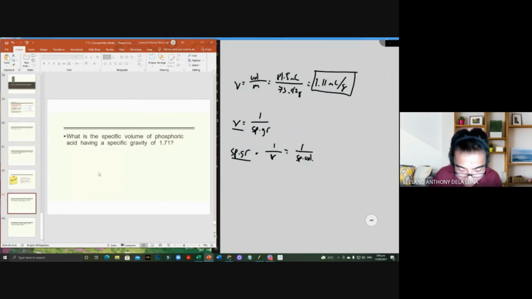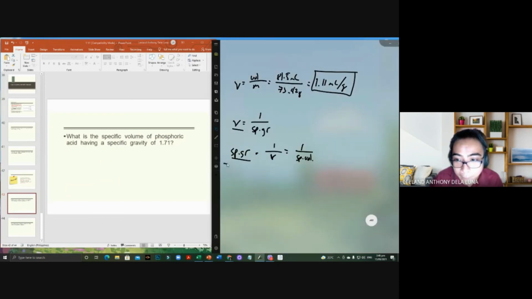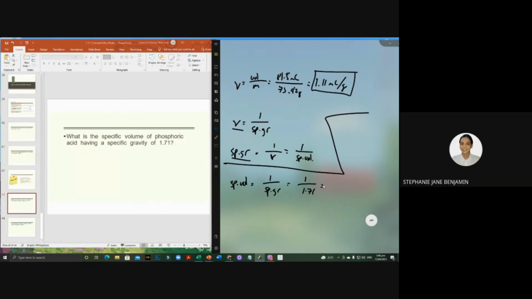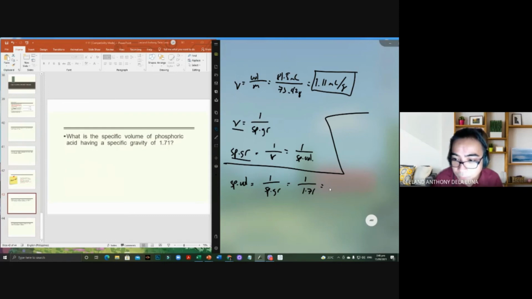So to do that, class, kukunin natin ang specific volume, that's just 1 divided by specific gravity. So that's 1 divided by 1.71, and we get 0.58.